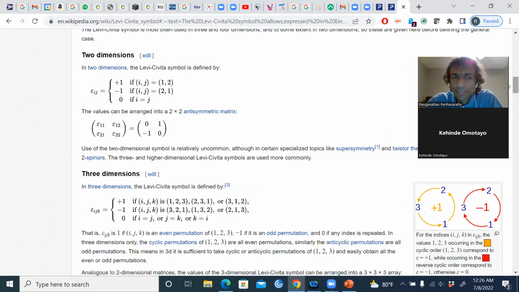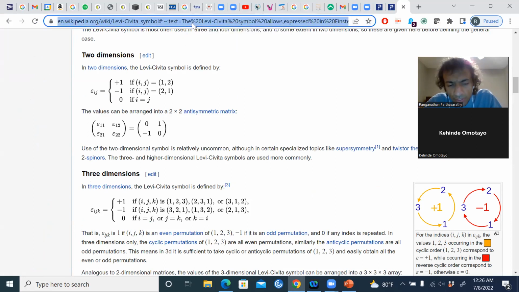This one. Yeah, 3D. This one. Okay. Yeah, just take a quick look. I'll send you the link on Zoom. Okay.